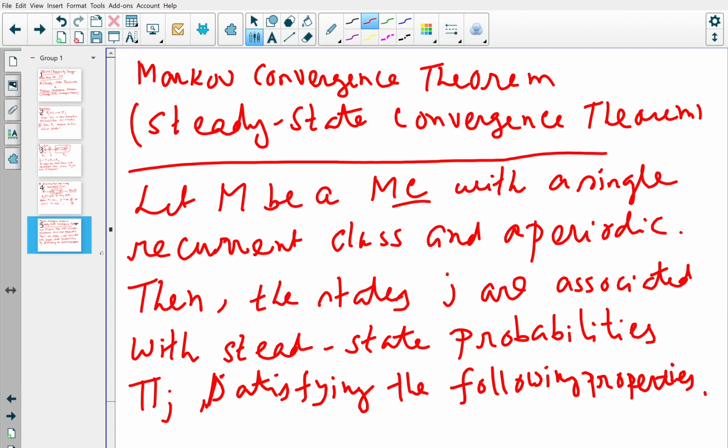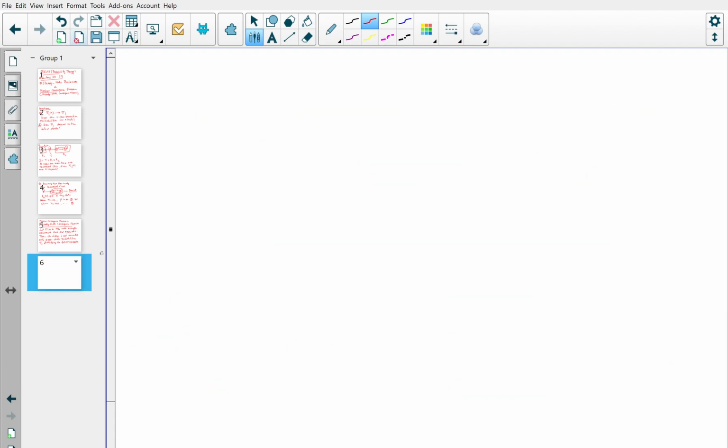So what are the properties? The first property, number 1: the limit as n tends to infinity of r ij of n has a limit, and this is my pi j.